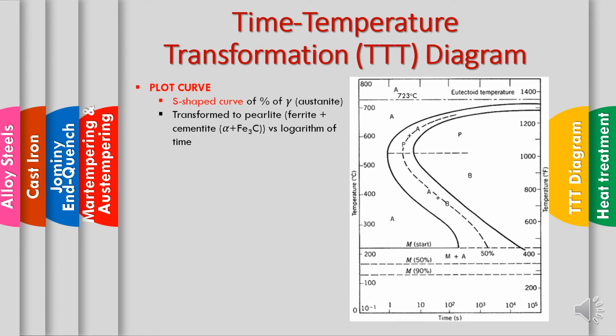Basically, the time temperature transformation diagram is a curve produced of temperature versus the logarithm of time. As you can see in this diagram, it's kind of an S-shaped curve of percent of austenite, whereby the austenite transforms to pearlite, which consists of ferrite and cementite.